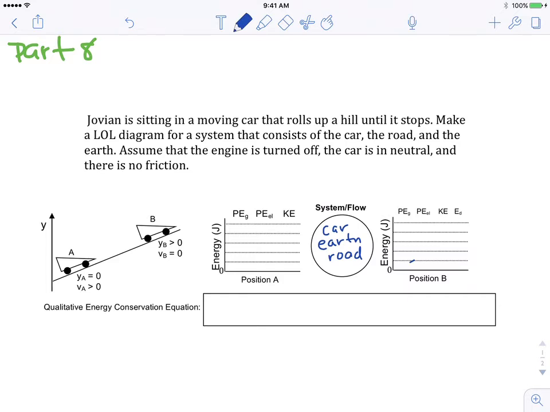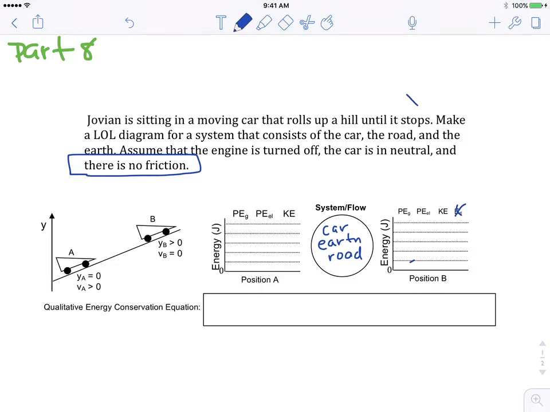Okay, so we know that there's no friction. So that's the first thing we can think about eliminating: dispersed energy. So we're not going to have any dispersed energy. It starts off by rolling up, so it's moving when it starts and it stops when it's finished.